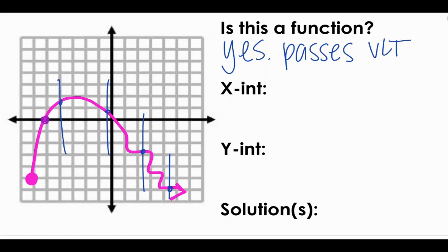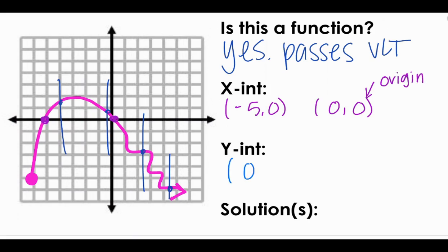Check out my x-intercepts. I have (-5, 0) and (0, 0). Remember, this point is called the origin. The origin is special because it is both an x-intercept and a y-intercept.